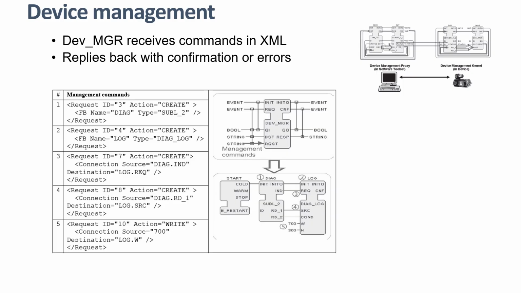These commands are sent from the engineering tool side to the management resource of the device, and inside the management resource there is a function block, the device manager, that is connected to the communication interface and receives these commands and interprets them, creating the corresponding function blocks and connections between them.